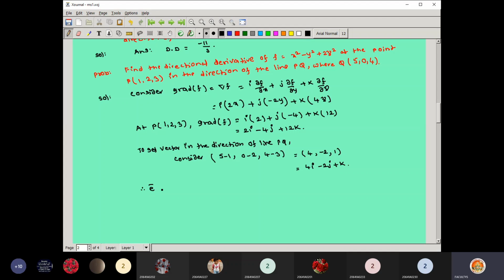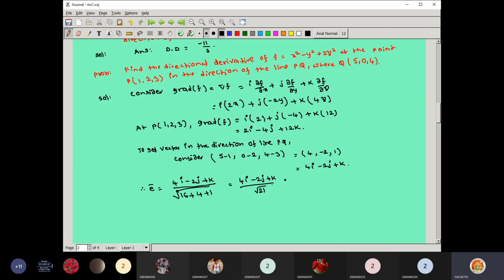Now you are calculating e bar. e bar means the same 4i minus 2j plus k, divided by the square root of the coefficient squares, 16 plus 4 plus 1. So you are getting 4i minus 2j plus k divided by root 21.